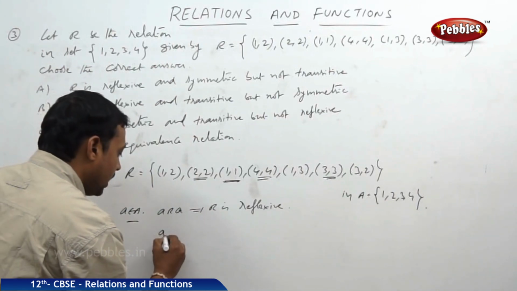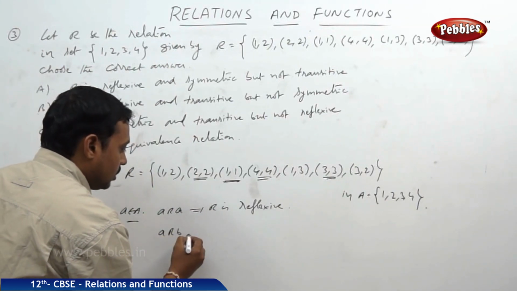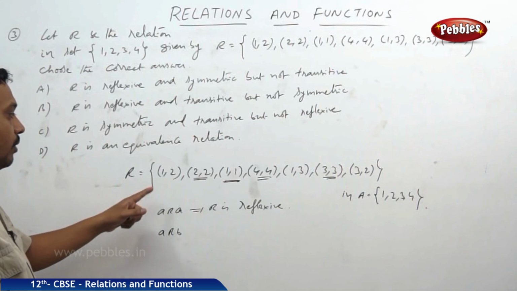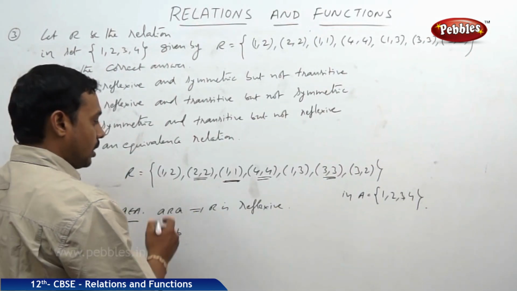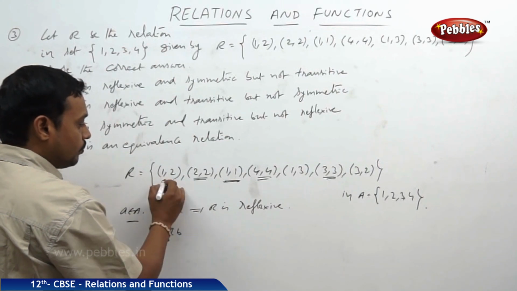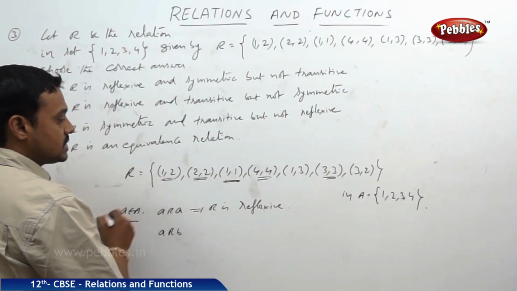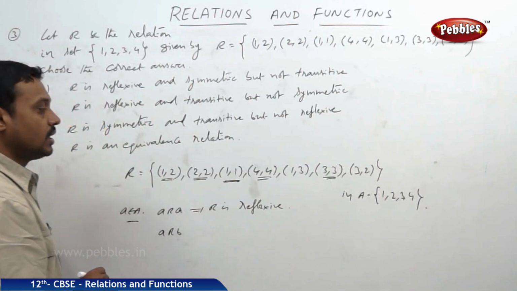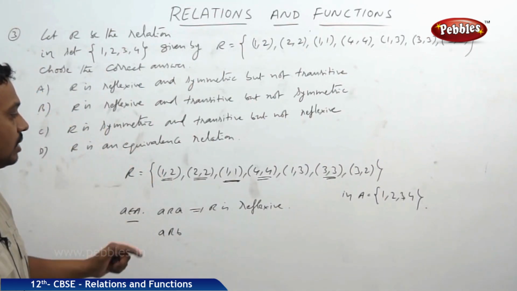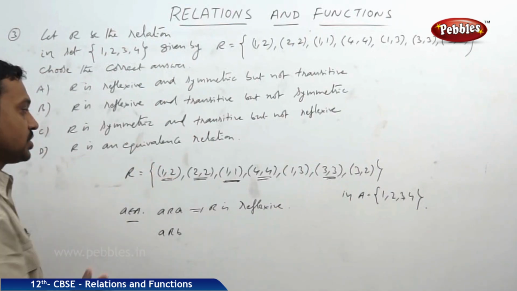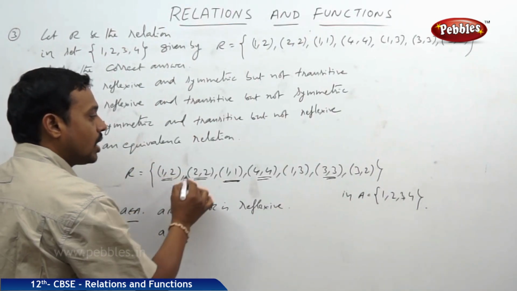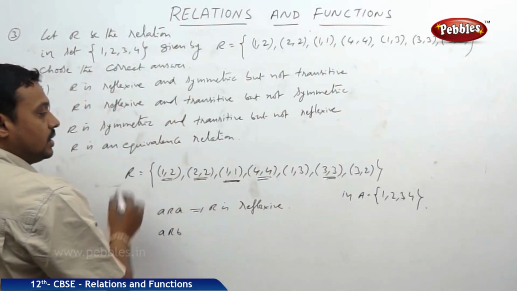Next one. Now, if a is related to b, then b is related to a. Let us check whether b is related to a or not. When (1,2) is given in the relation, if the relation also contains (2,1), then that would be a symmetric relation. (1,2) belongs to R, but there is no (2,1) in this set.